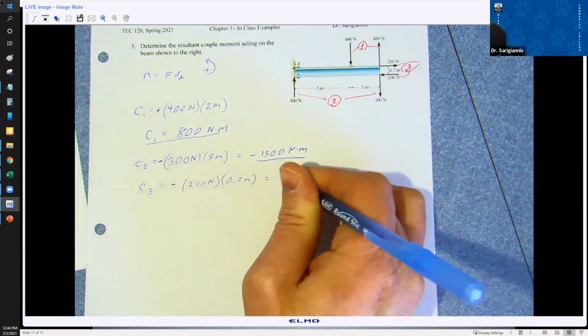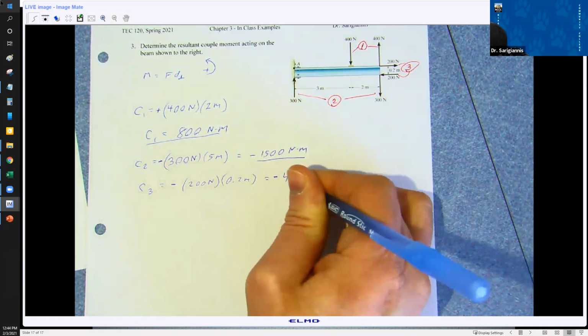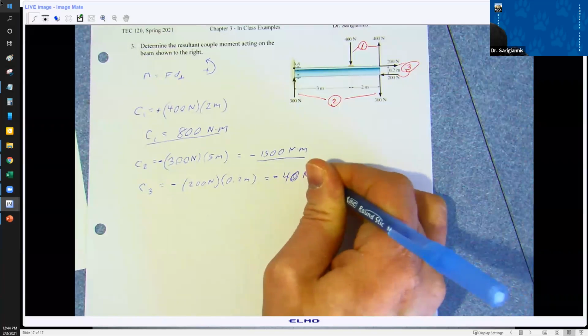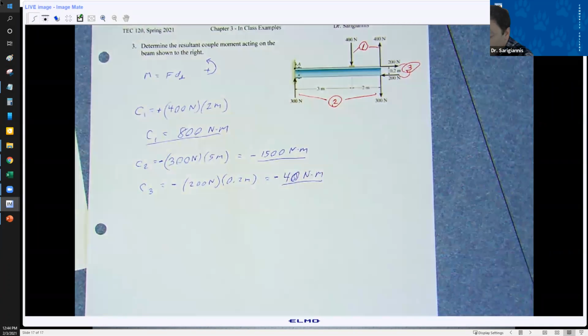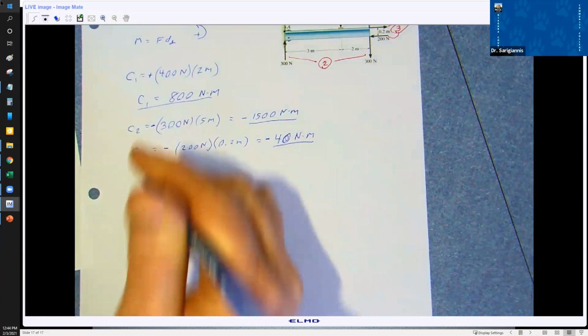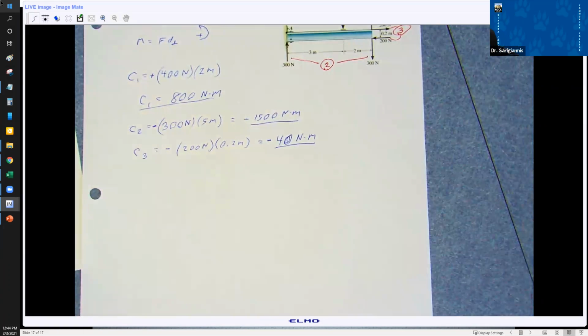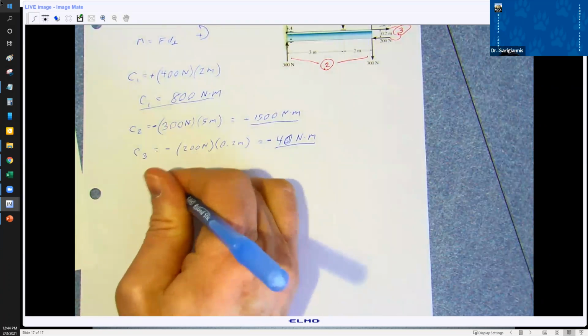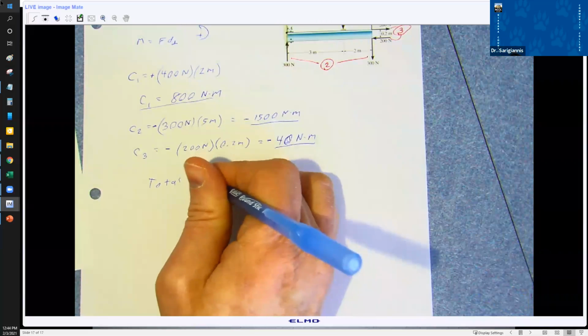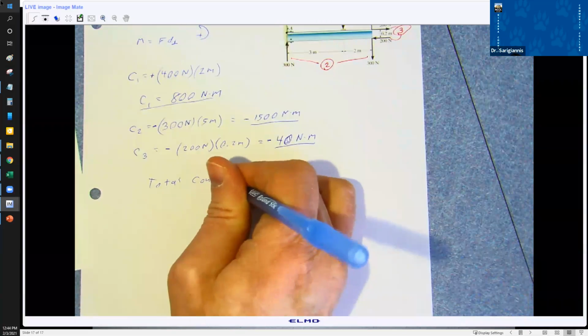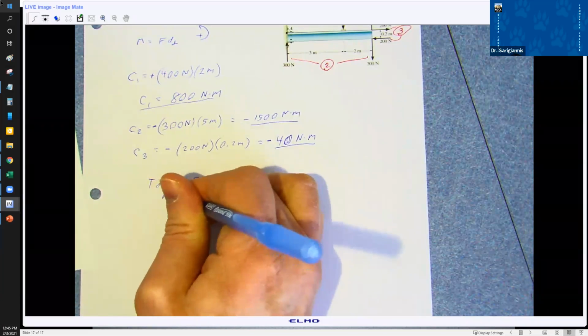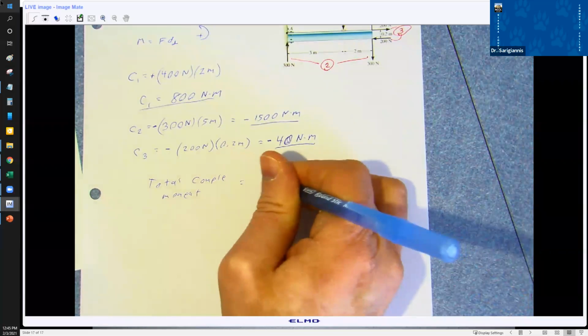This gives you negative 40 Newton meters for couple 3. So the total couple moment is just the sum of these.